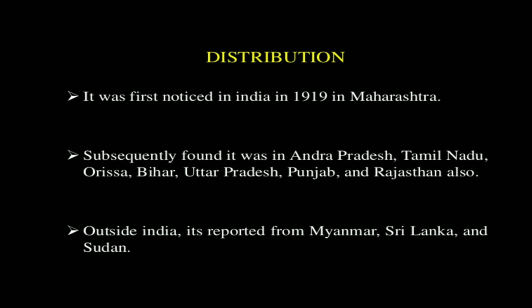Subsequently it was found in Andhra Pradesh, Tamil Nadu, Orissa, Bihar, Uttar Pradesh, Punjab, and even Rajasthan. Outside India, it has been reported from Myanmar, Sri Lanka, and Sudan, right? It means this disease has spread even outside India.